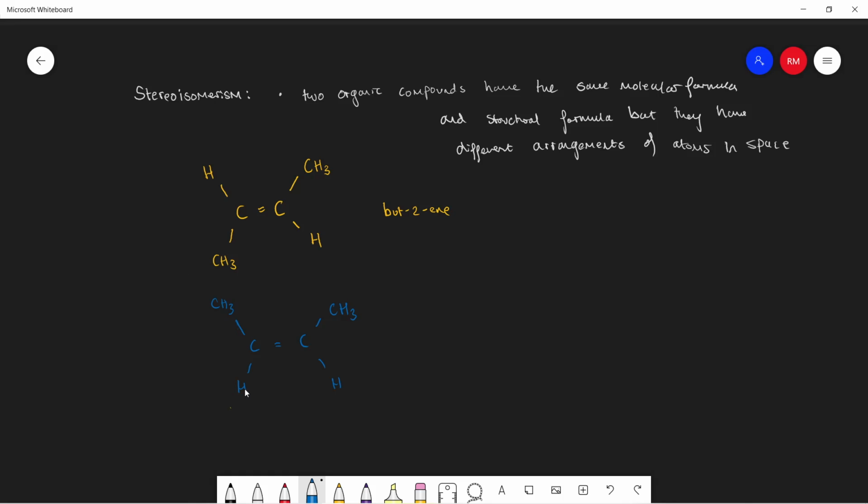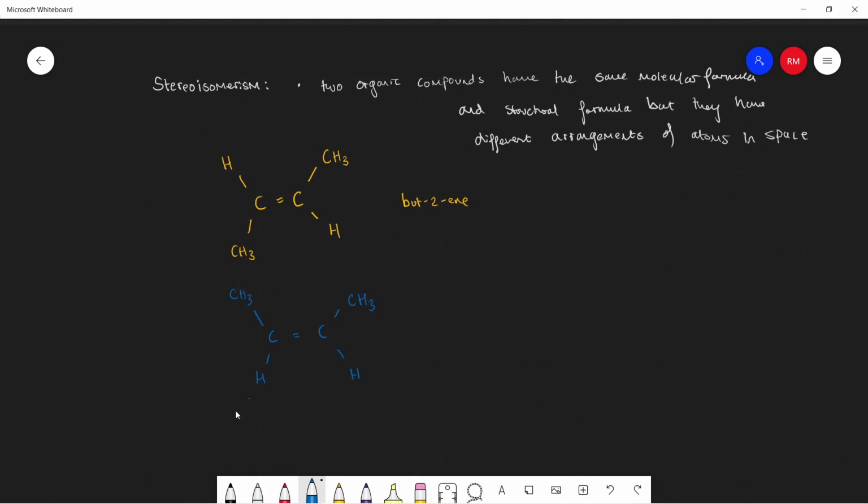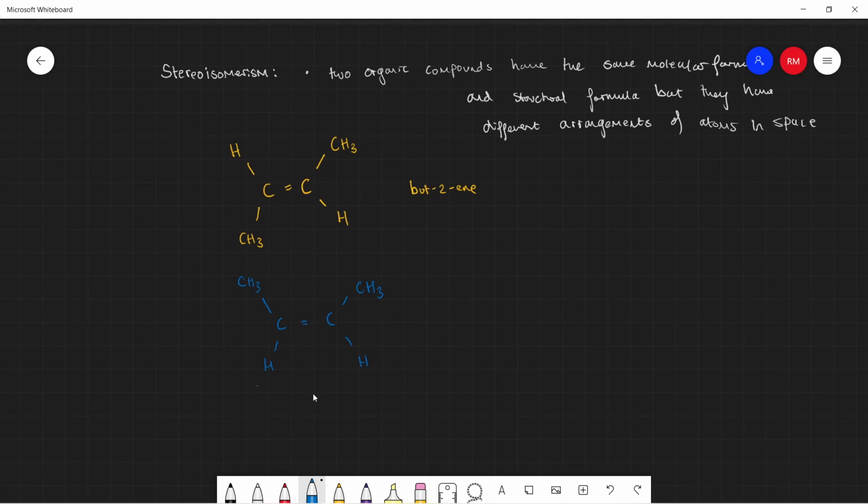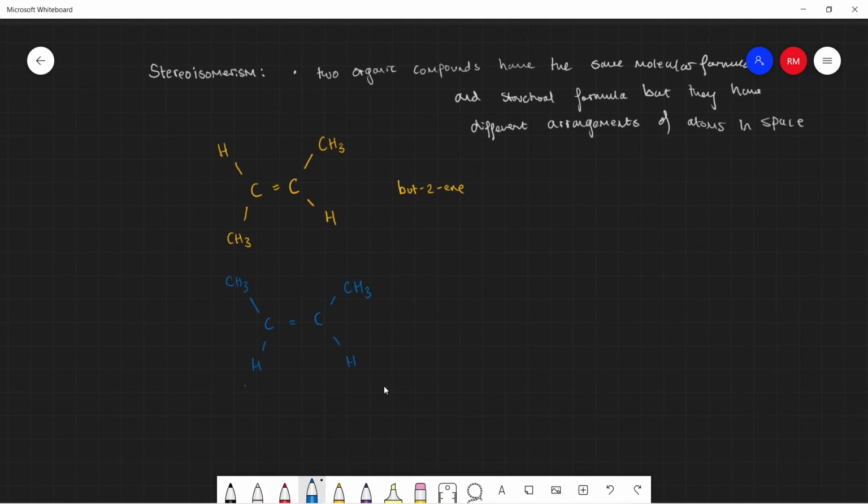Now, what we can see is that these are two obviously different compounds, but both have the same name if we were to cover IUPAC rules. Butene. Now, these are actually two stereoisomers of each other.